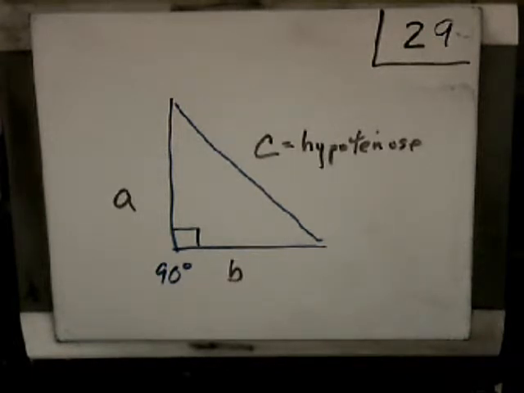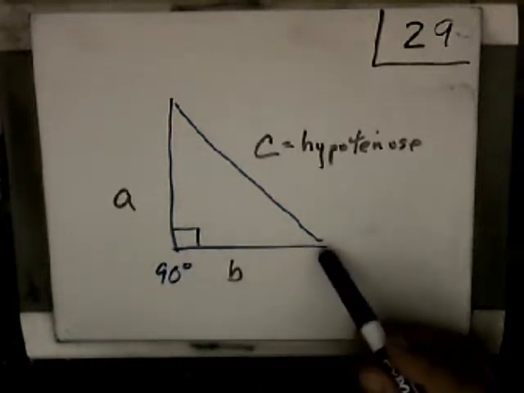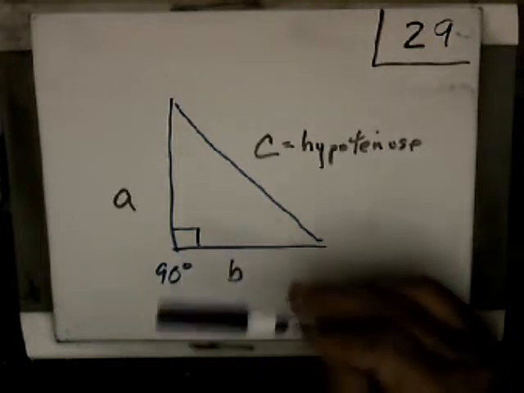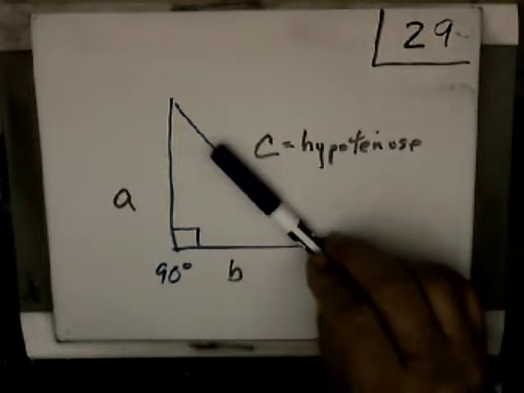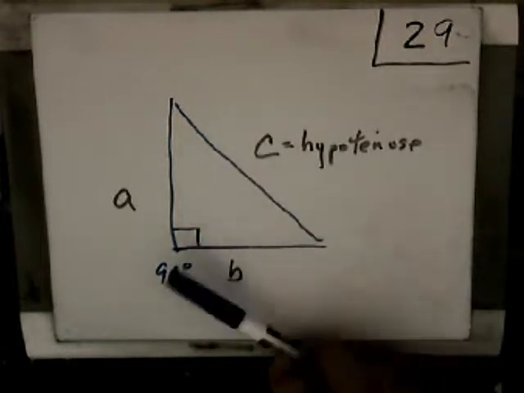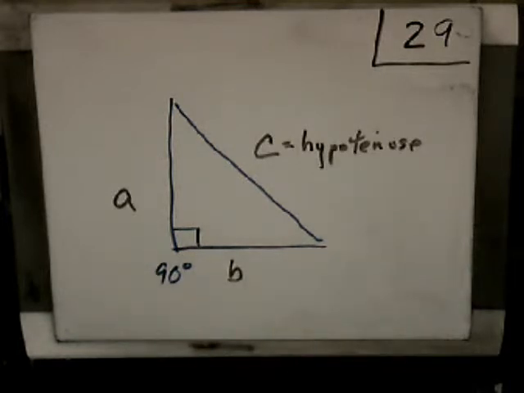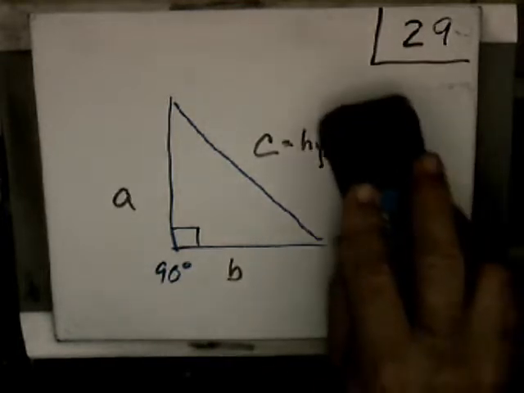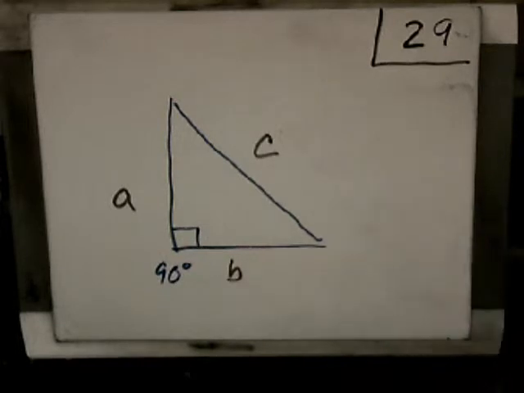Always. Whether it's a square, if I were to pivot that, this distance would be less than the diagonal. If it were a rectangle, the same would be true. So the C leg is always the largest.